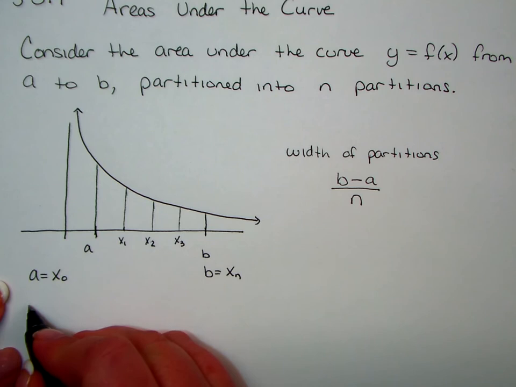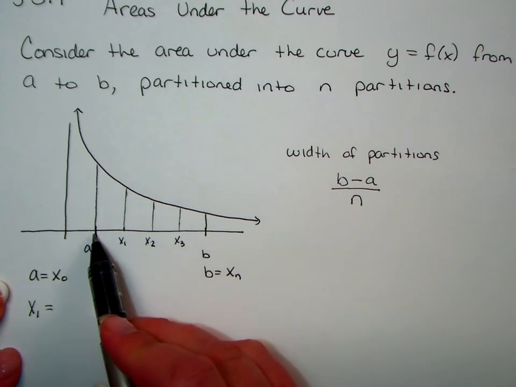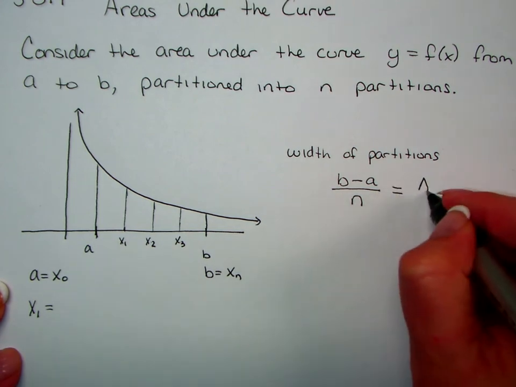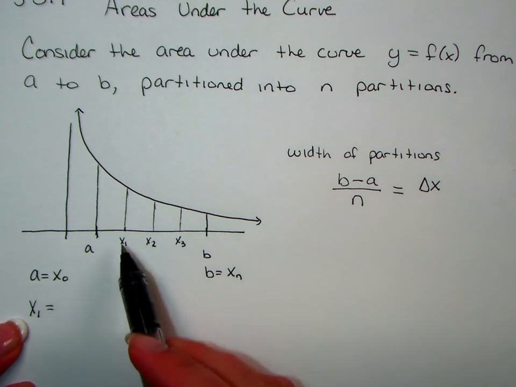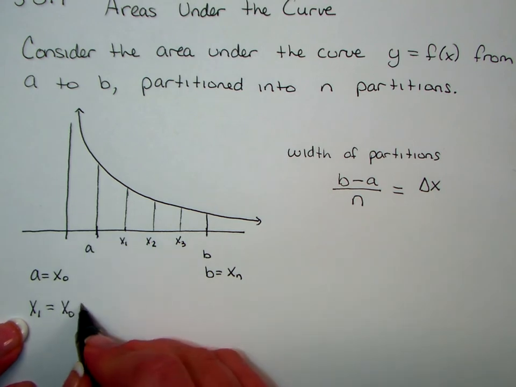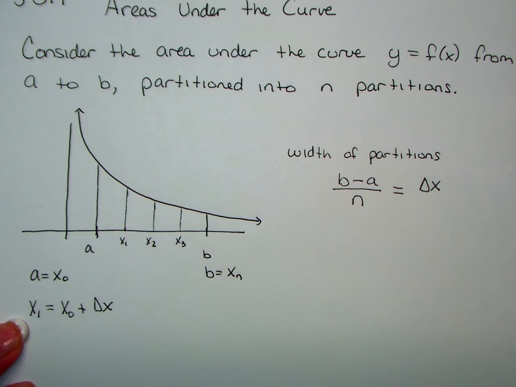Now x sub 1 is 1 partition away here, right? So we call this delta x, the width of our partitions, the change in x. So x sub 1, we're going to start at x sub 0, and we're going to add a partition to it, and that's going to give us our x sub 1.